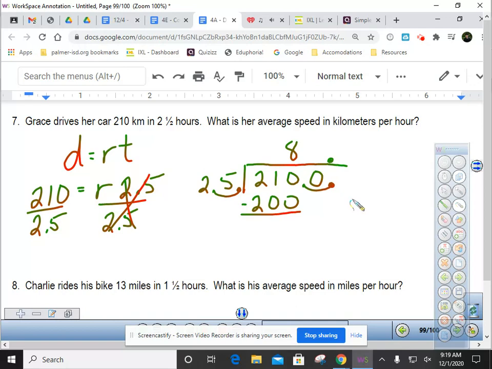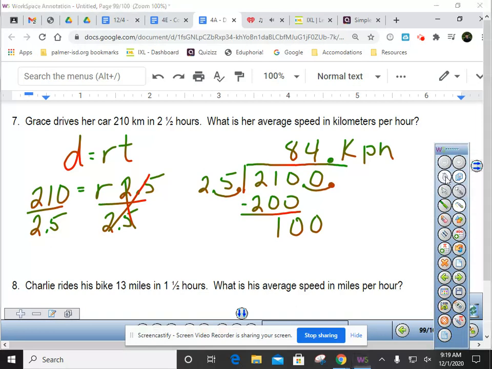What'd you get? 80.4. That's not where the decimal is. 84. Did everybody get 84? Yes, ma'am. Good. 84 what? Kilometers per hour. There you go. If you just say hours, you get that wrong.